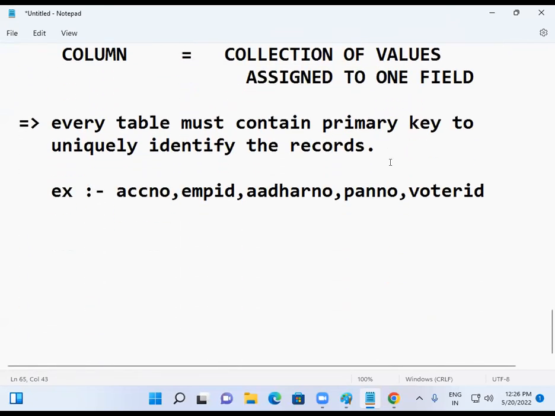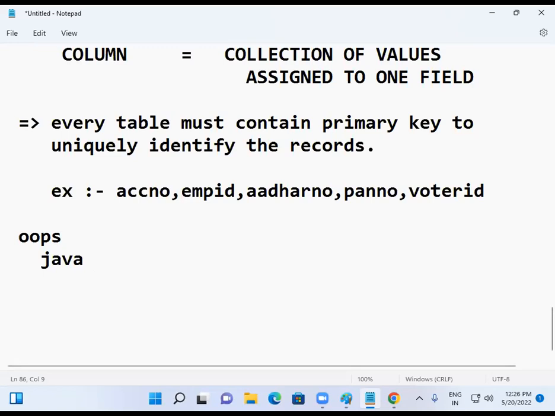Then what are the softwares that implemented the features of RDBMS? Like once again, what is OOPS? What is Java? I'm not asking about the Java language itself.